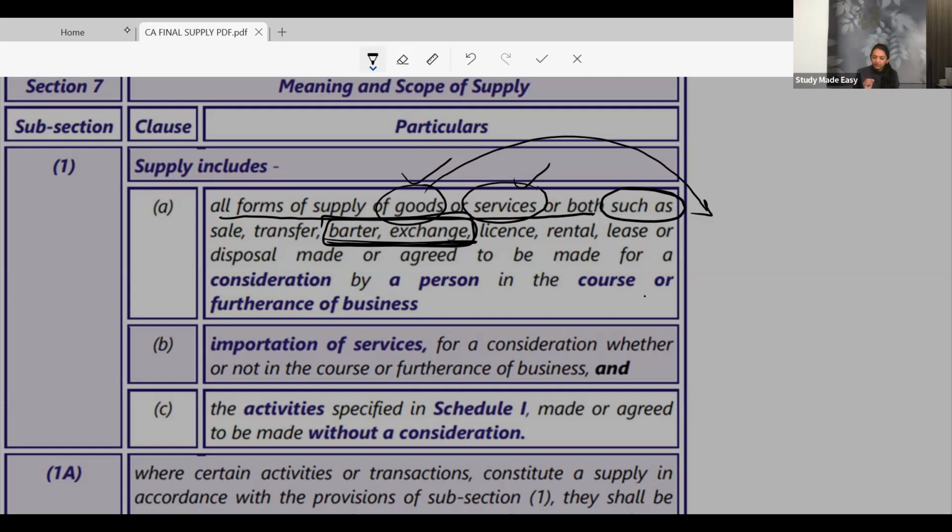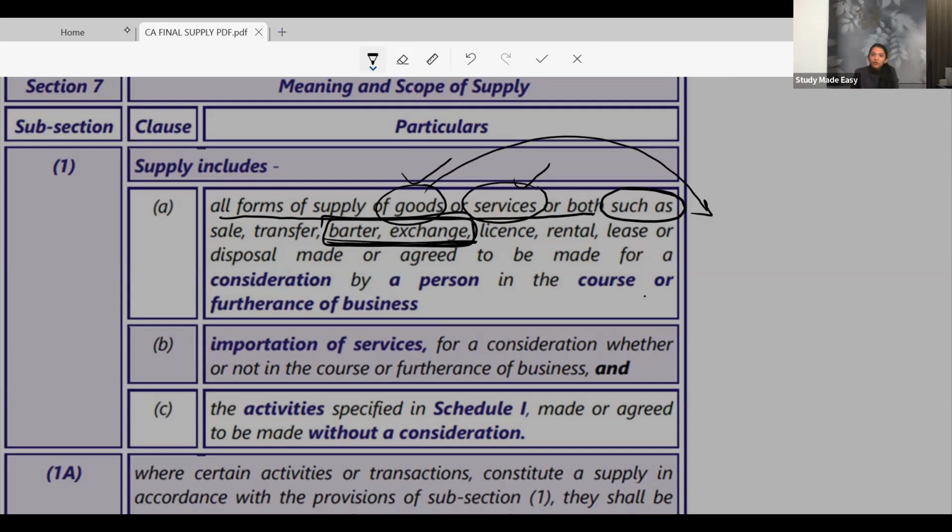Then exchange means goods or service as well as cash element also involved.